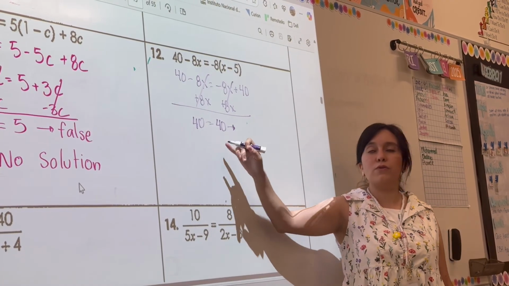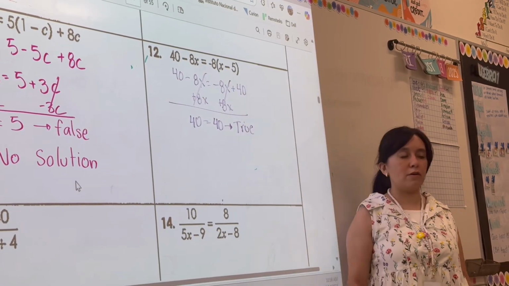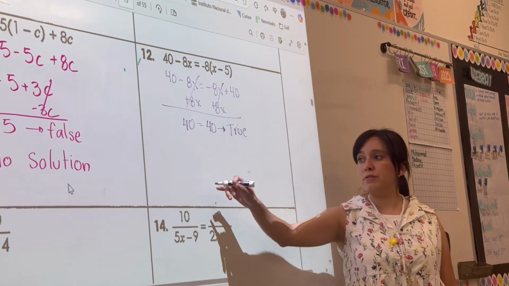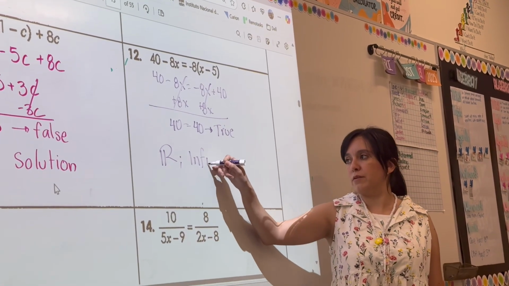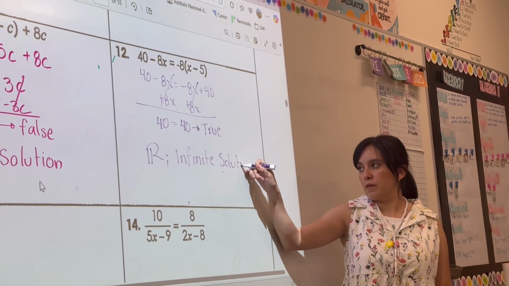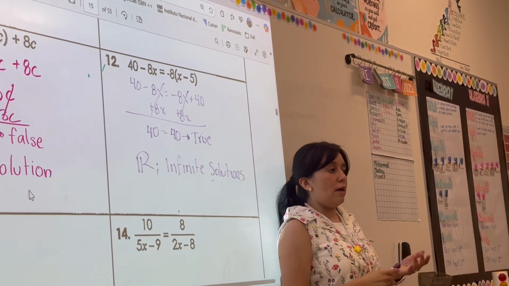Is that true or false? True, right? Because 4e is equal to 4e. Okay, when it's true, then we have all solutions, infinite solutions. All the real numbers are solutions. Anybody, any question?